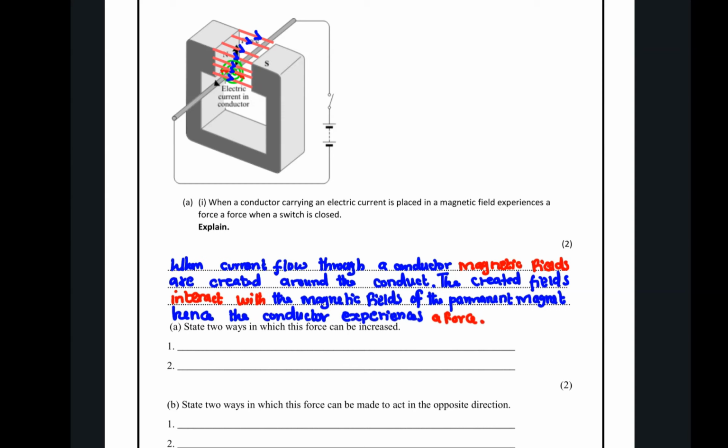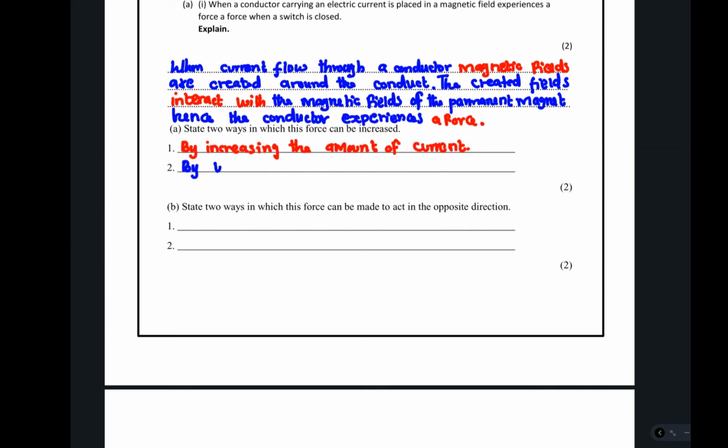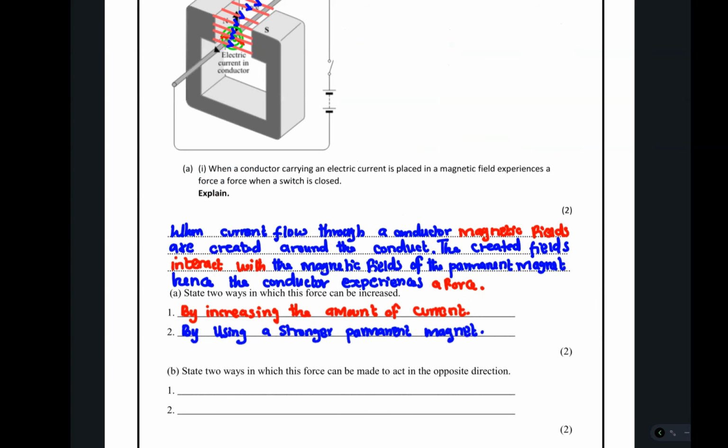I needed to also mention this, that you can determine the direction of this force by Fleming's left-hand rule. Now, by increasing the amount of current in the conductor, you are going to increase the force, and also by using stronger magnets, which are going to provide strong magnetic fields.